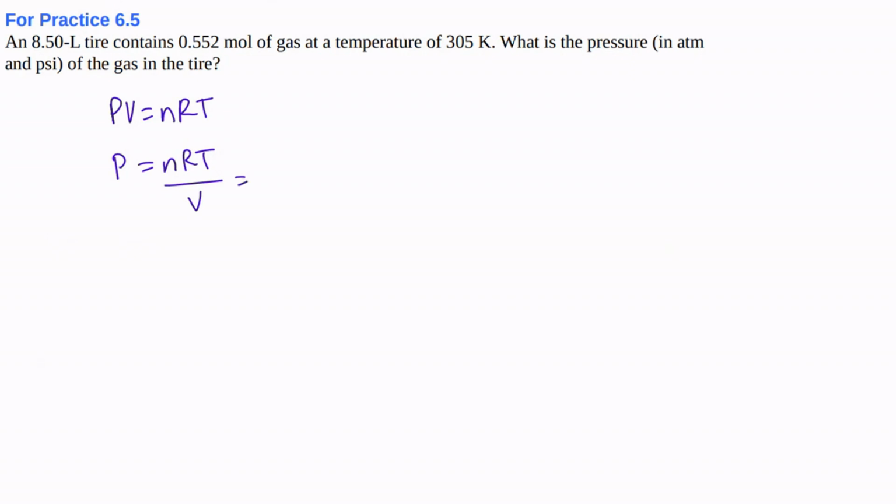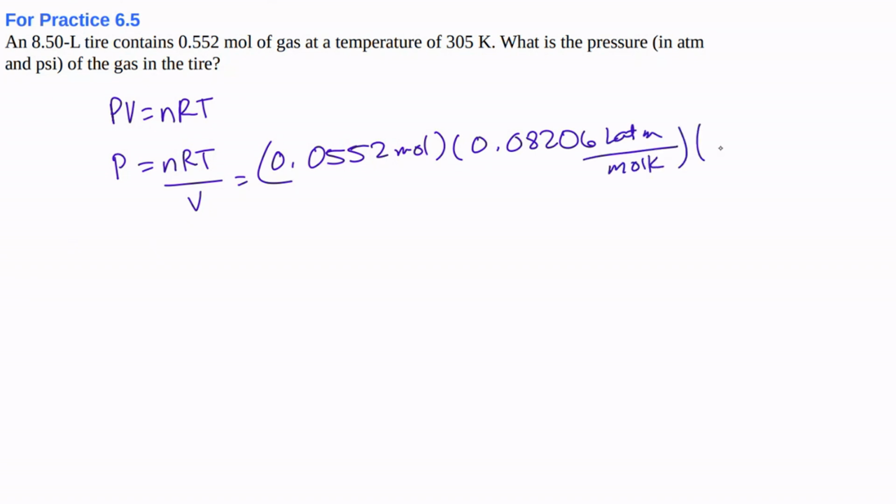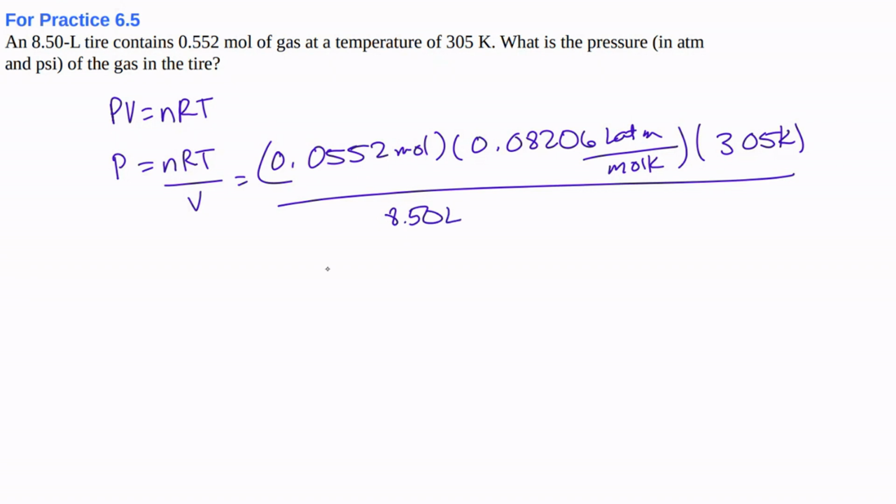We don't need to make any conversions here to match our R. So that's 0.552 moles times 0.08206 liters atmospheres per mole Kelvin times 305 Kelvin divided by 8.50 liters, and that's equal to 1.6254 atmospheres, and that's equal to 1.63 atmospheres because we started with 3 significant figures.